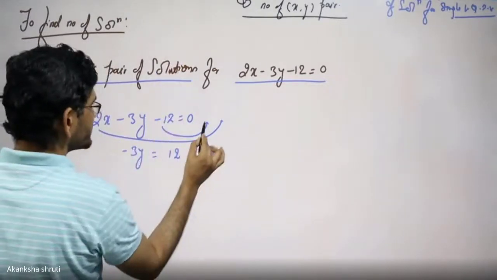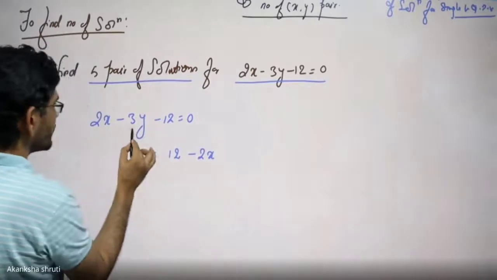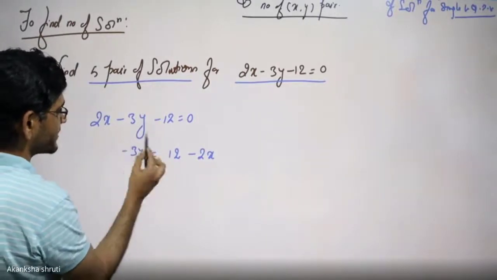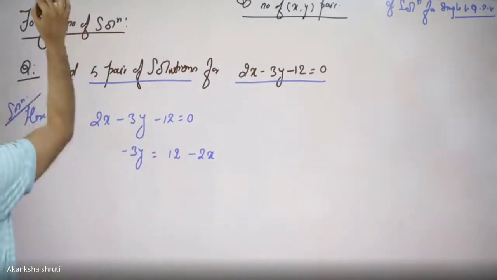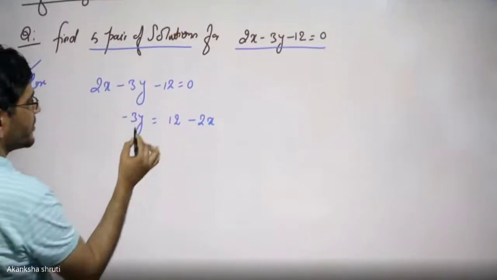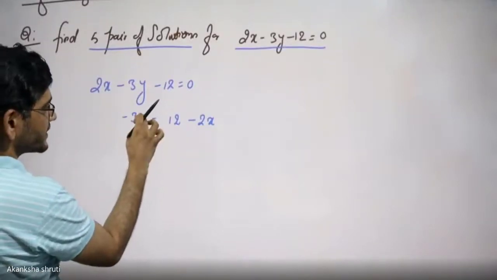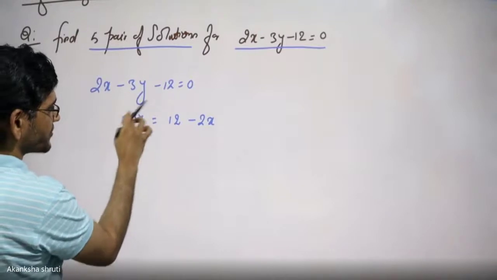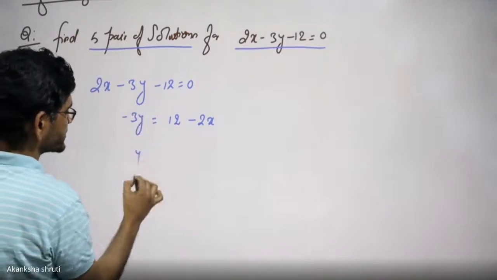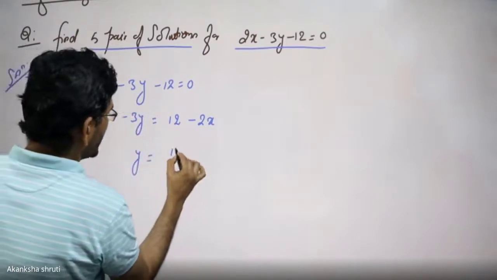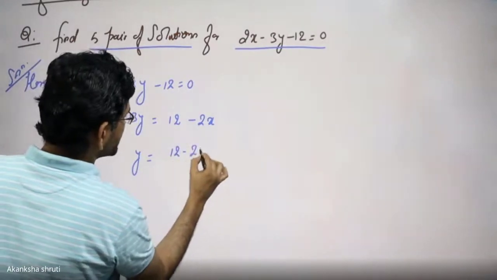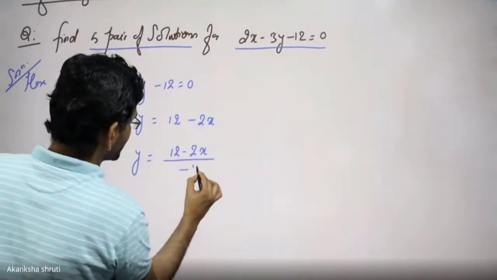We have just kept y on the left hand side and sent all the others to the right hand side. Students, also send the coefficient of y to the other side. It becomes 12 minus 2x by minus 3.